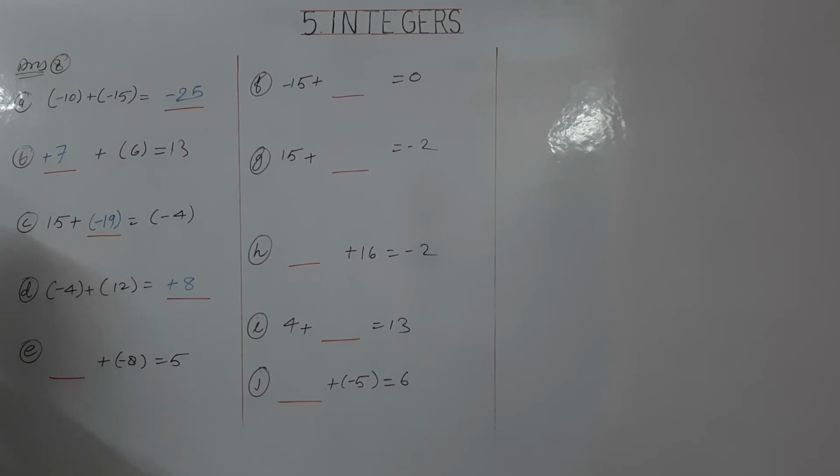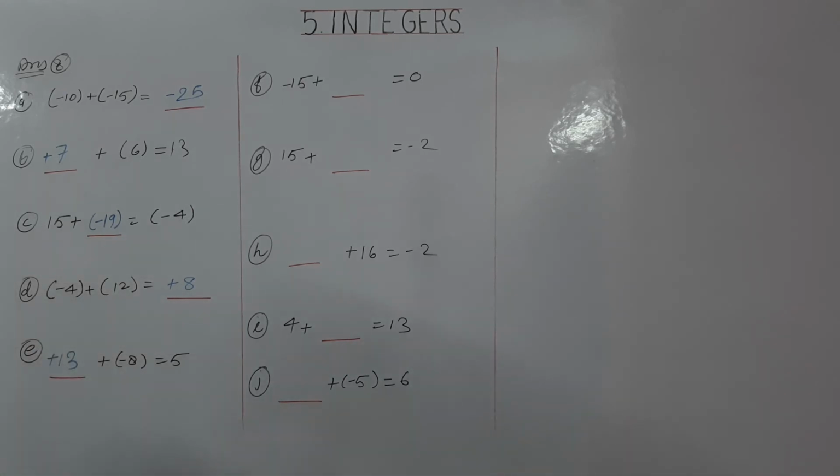So what to do? 8 plus 5 is 13 with positive sign. So plus 13 plus minus 8, or 13 minus 8, will be 5. So this number is 13.